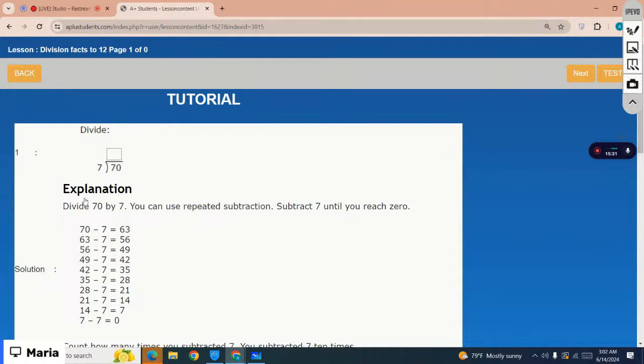The first example is 70 divided by 7. That means you need to count the table of 7 until 70. So 7 times what number is 70?